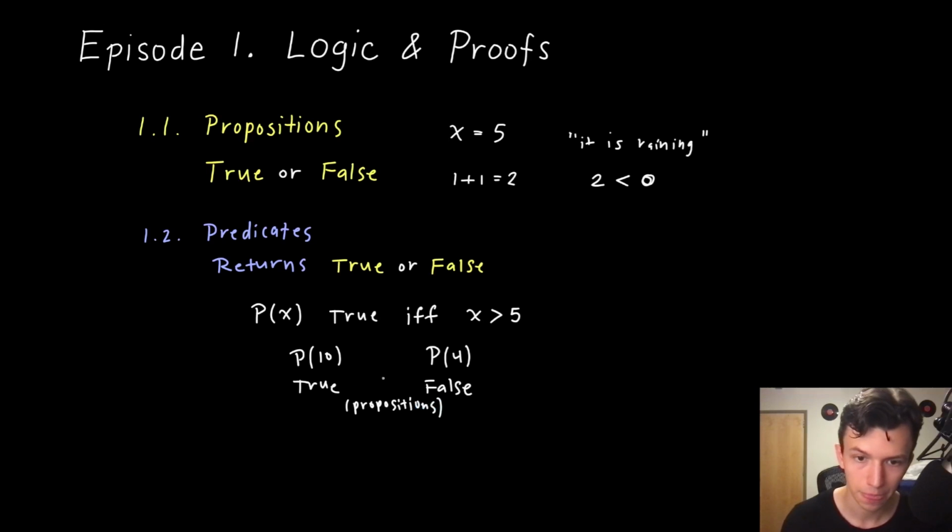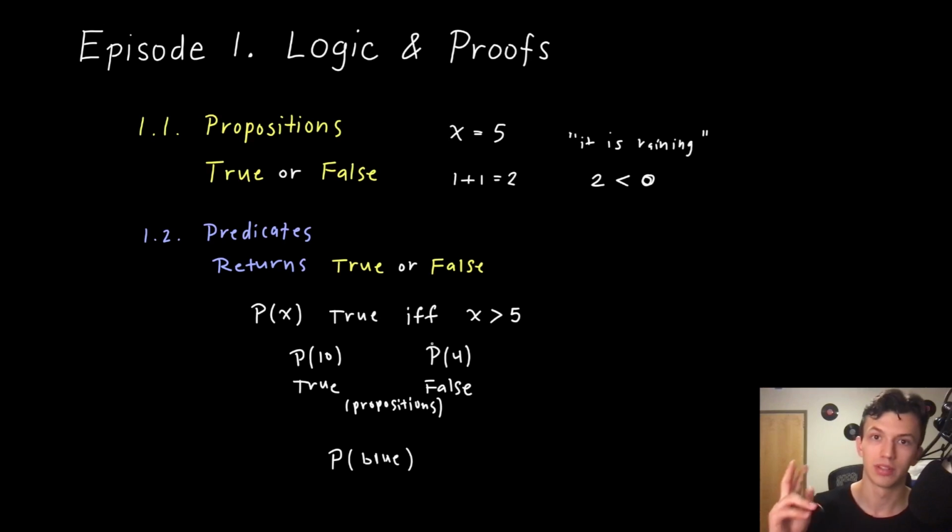Perfect. Okay. And now the thing about this is, what if we were to say something like P of blue? Right? P of blue. Now we could say, okay, well, the statement blue is greater than 5 is just completely false. It's not correct. So we could say P of blue is false.